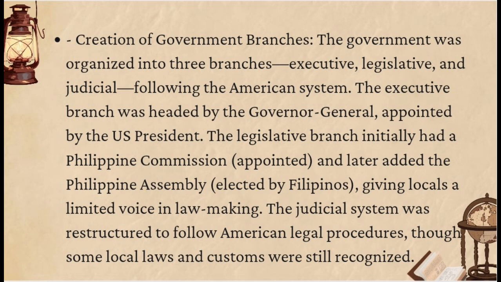The legislative branch initially had a Philippine Commission, appointed, and later added the Philippine Assembly, elected by Filipinos, giving locals a limited voice in lawmaking. The judicial system was structured to follow American legal procedures, though some local laws and customs were still recognized.